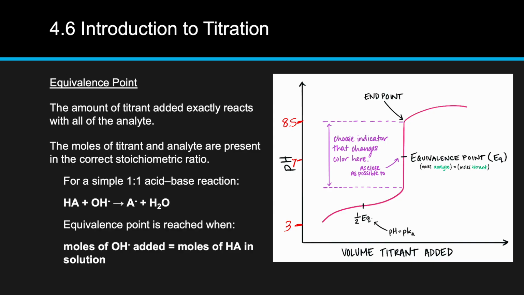So we can see here that when we start measuring the pH of our solution, it's starting at that low number because all we have in there is acid. And as we start adding our base, the pH is getting closer and closer to 7 until we reach our equivalence point, where our moles of acid equal our moles of base. So at that point, we would have water, which would be a pH of 7.